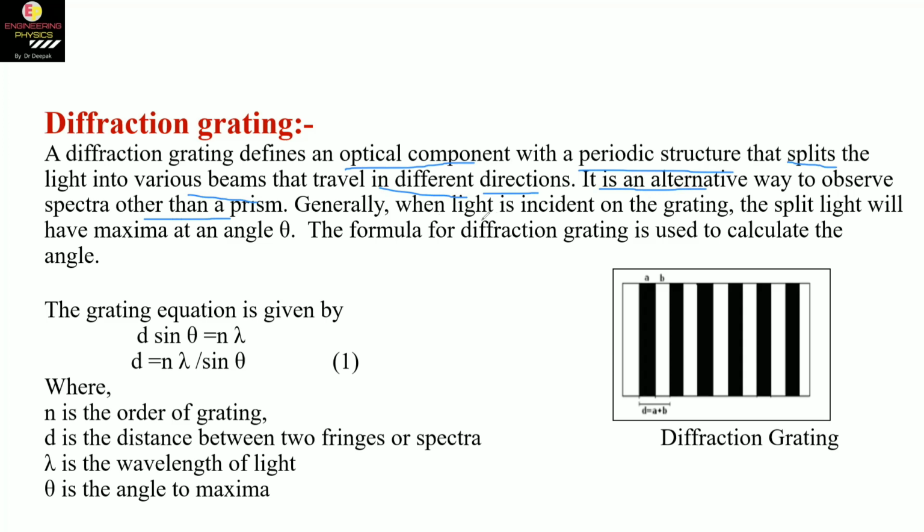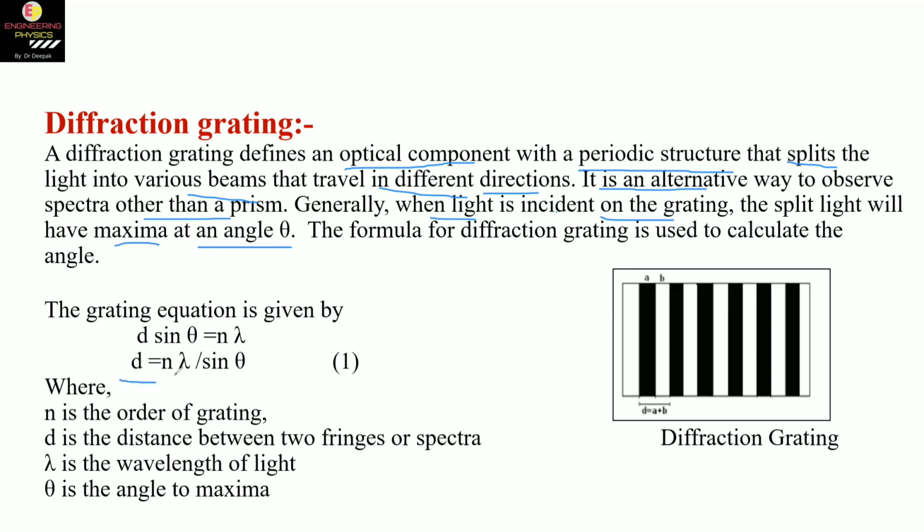Generally, when light is incident on a grating, the split light will have maxima at an angle theta. The formula of diffraction grating is used to calculate the angle. The grating equation is given by d sin theta equals n lambda.